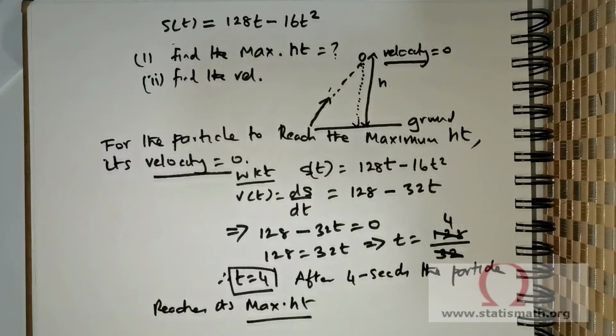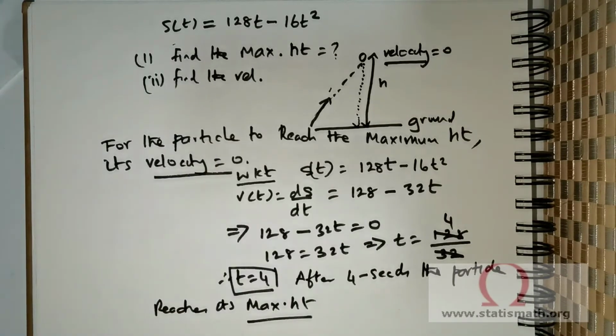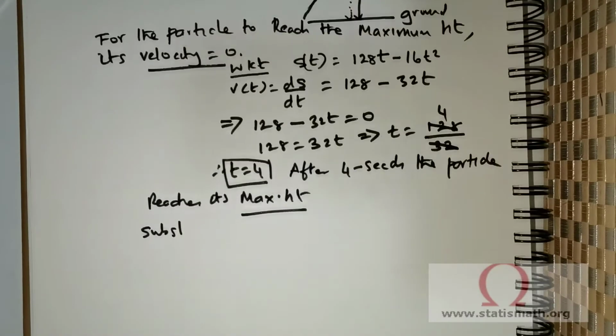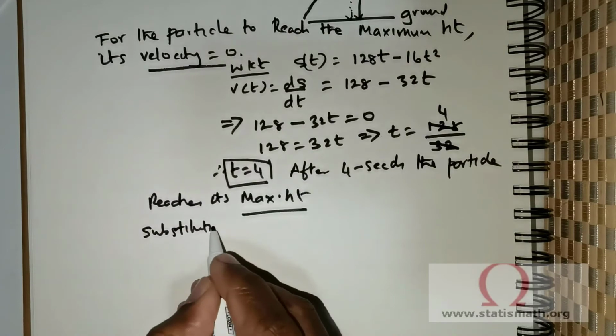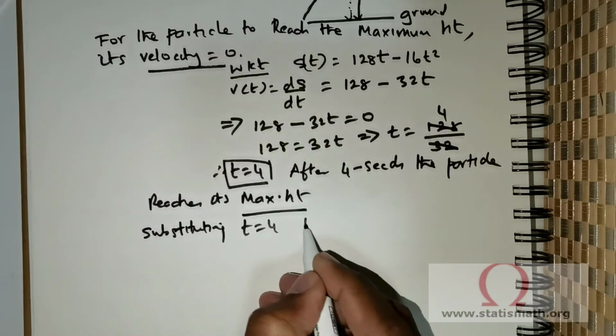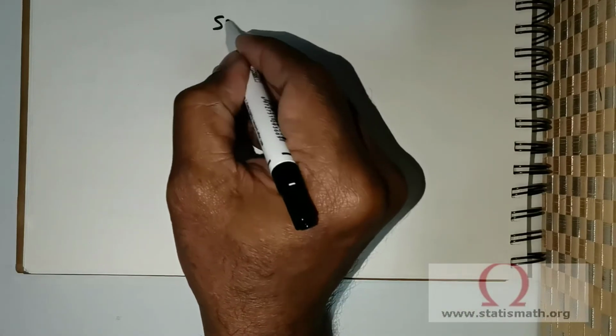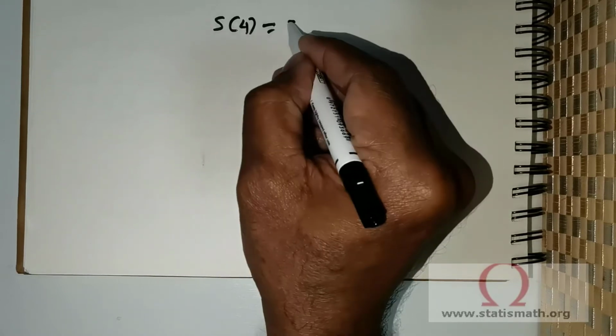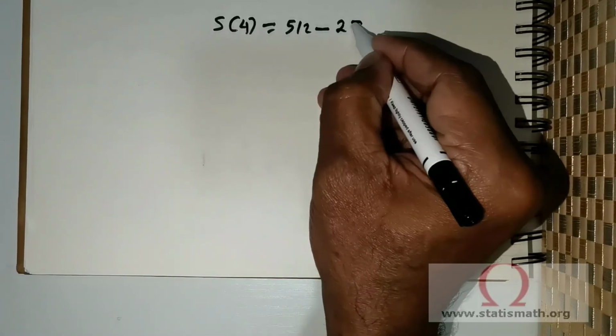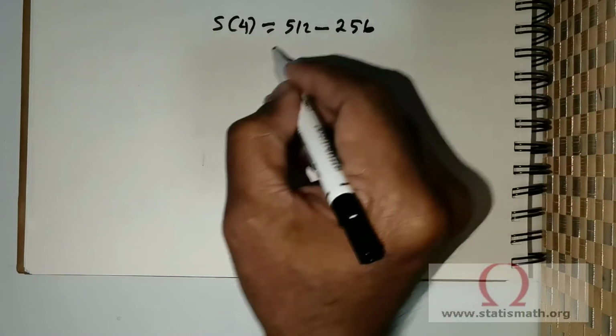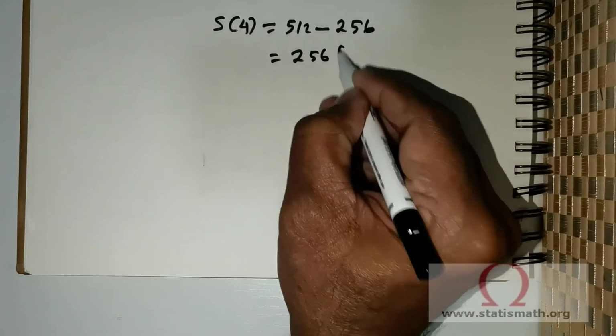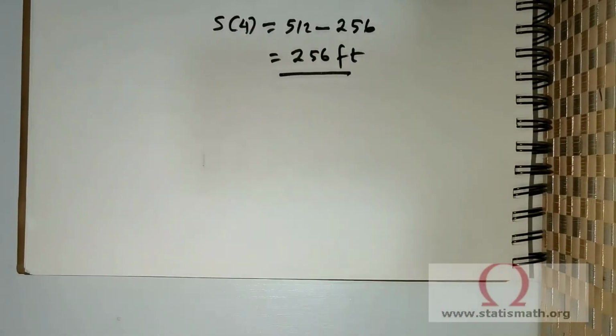Suppose you want to know the maximum height, because that is the requirement. How are you going to get it? By substituting t is equal to 4 in equation 1. Calculating, you will find that the maximum height would be 512 minus 256, which would give you 256 feet. So this is the maximum height.